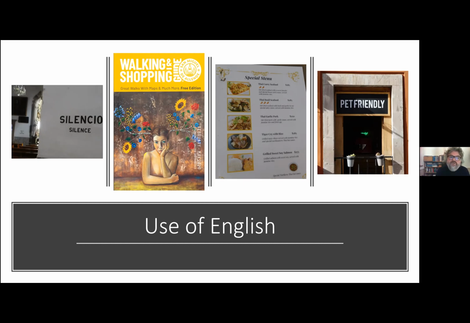And also you will find in these shops lots of printed material, guides, lifestyle magazines, maps. Walking and shopping is an example where it's all 90% in English, maybe a little bit of Spanish here and there. And in terms of perception, in terms of our participant observation, spoken English is everywhere.